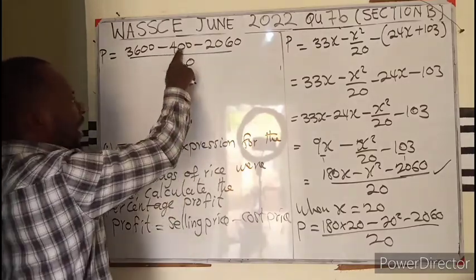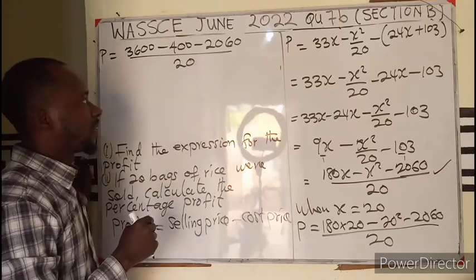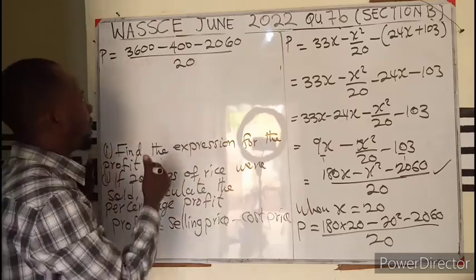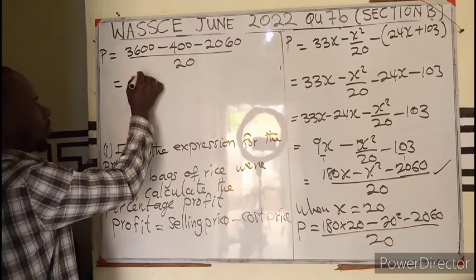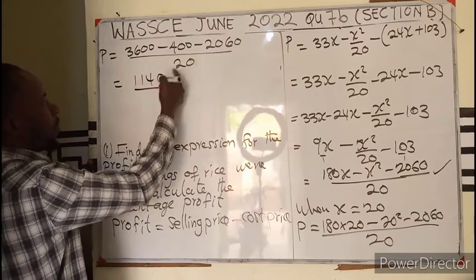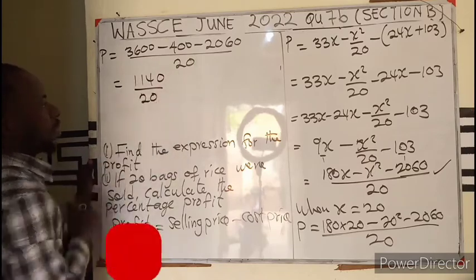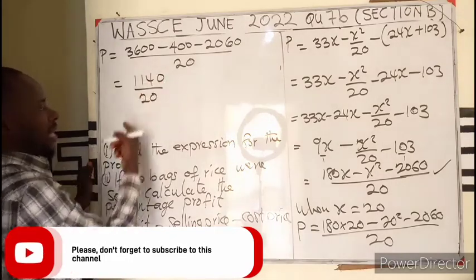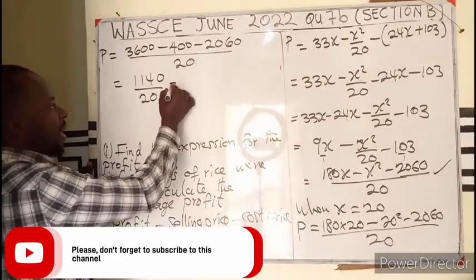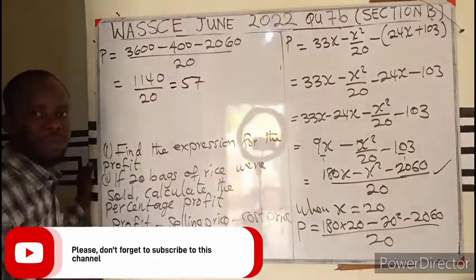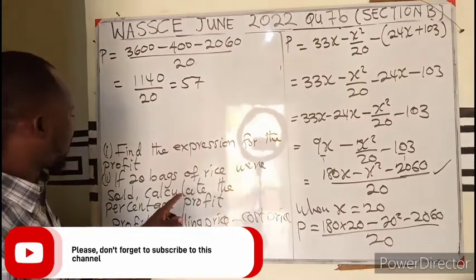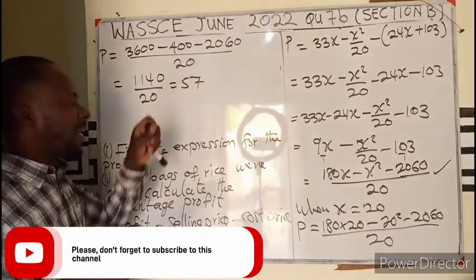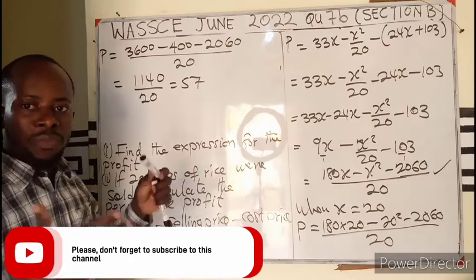So we know when we add 3600 to 400, that gives us 4000. When we subtract 2060 from this, we will be having 1940 over 20. And when this 0 cancels this 0, we have 57. So in this case, 57 is going to be the profit.